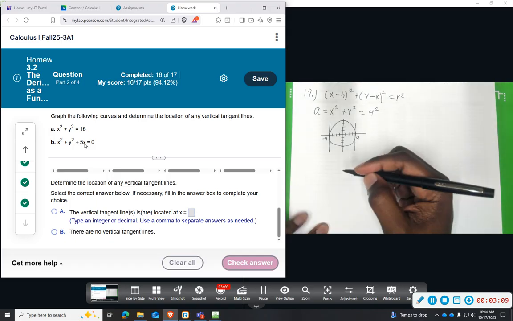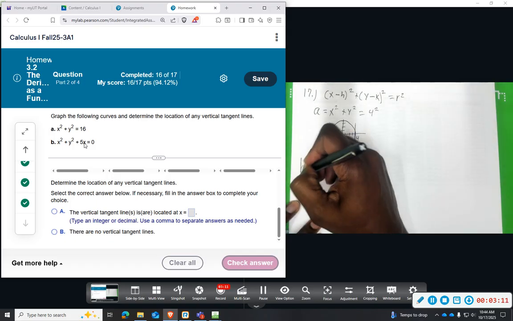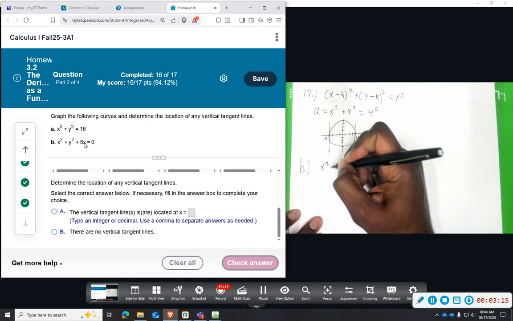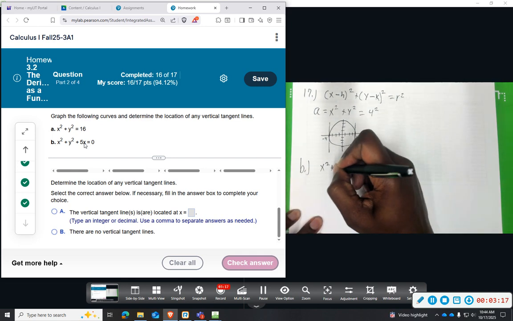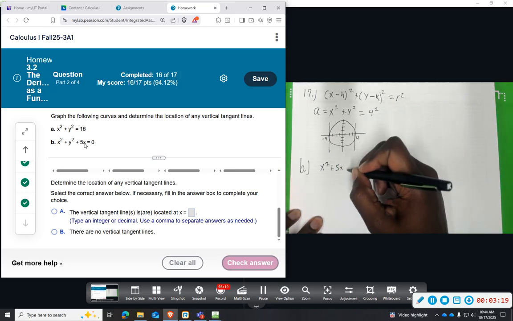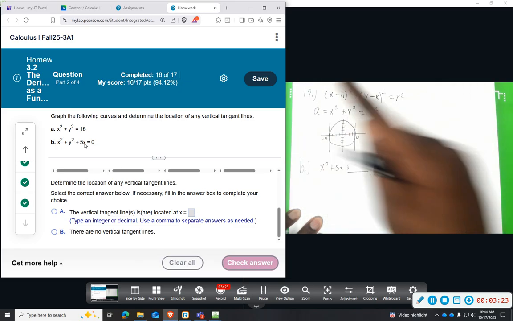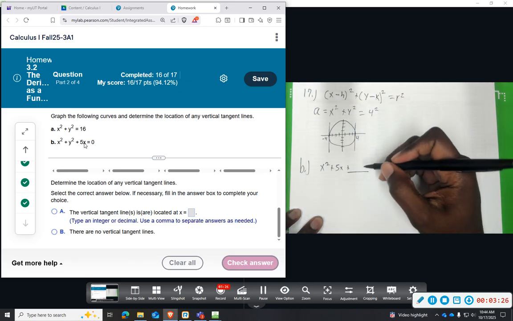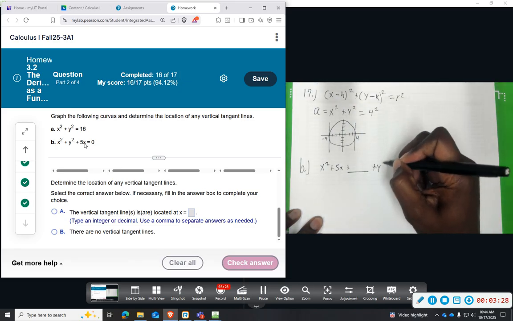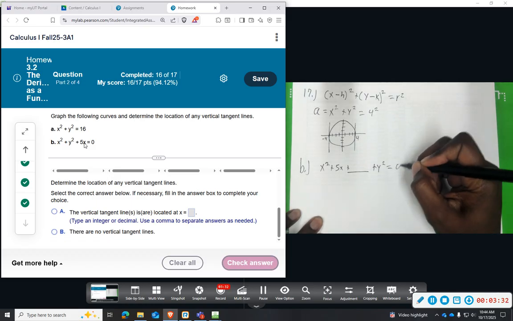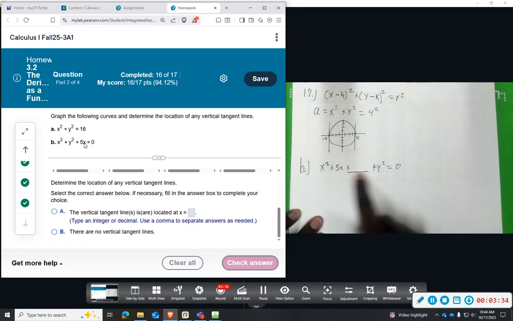And so on part B, we're going to rearrange this. So we'll have x squared plus 5x, and then I'm going to leave a blank space because I'm going to complete the square so I can get it in this form. And then we have plus y squared, and that is equal to 0.